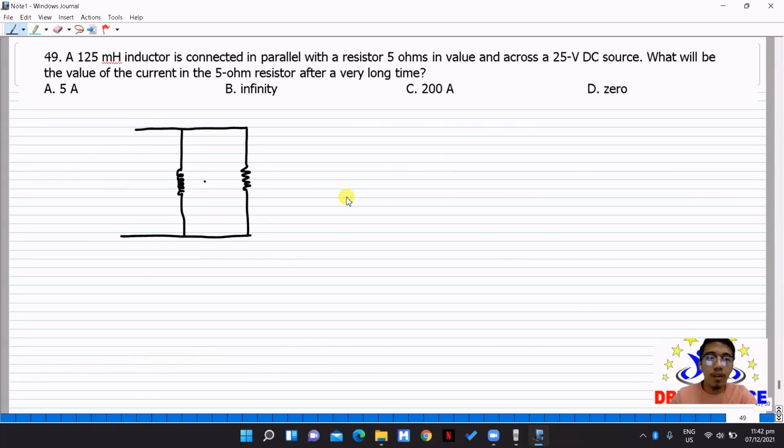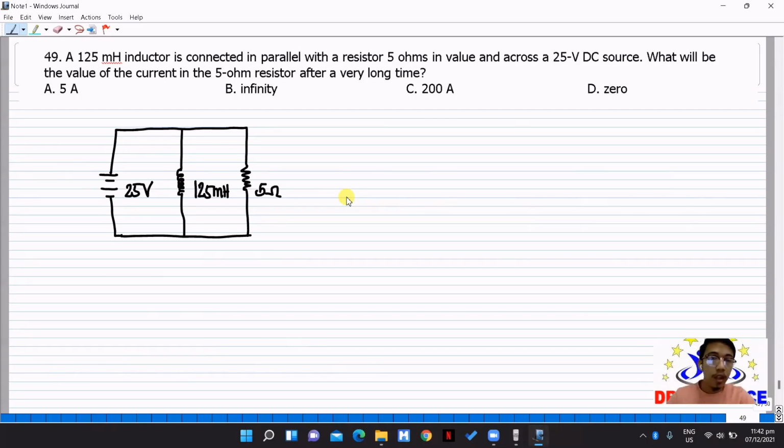So this inductor has a value of 125 millihenry and this resistor is 5 ohms in value. So connected in a 25 volts DC source. So what is the value of the current in the 5 ohm resistor after a very long time?